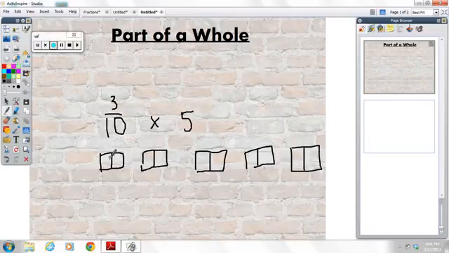Each individual box is broken up into halves. Well, it asked me to shade 3 of the 10 boxes that I created. But like I said, the 3 of the 10 boxes that I created, it's really 3 halves that it represents. And we know 3 halves is equal, as a mixed number, to 1 1/2.